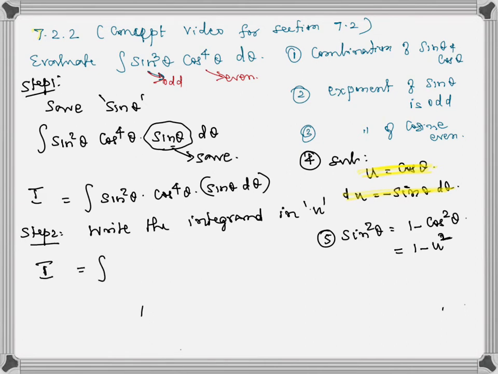This sine squared, which is 1 minus u squared, times cosine to the power 4, which is u to the power 4, then sine theta d theta, which is negative du.